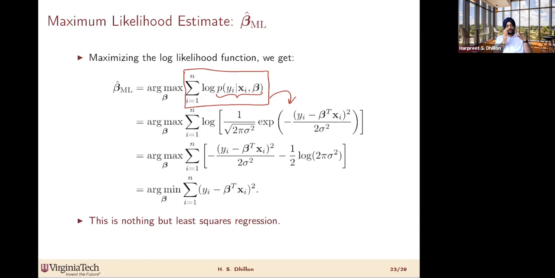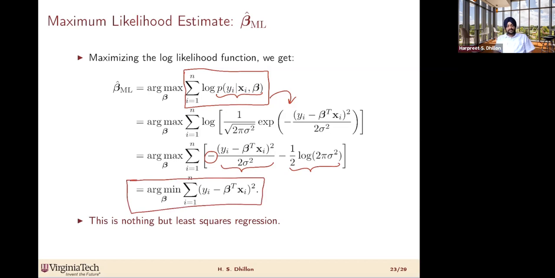Then you get log, and in the argument of the log, you have this exponential. If you simplify, you get two terms: one, which actually contains beta, and the second term, which doesn't contain beta. So if you are maximizing, you can safely ignore the second term, and it is only the first term that matters, and there is a negative sign sitting here. So this argmax becomes argmin over this summation.